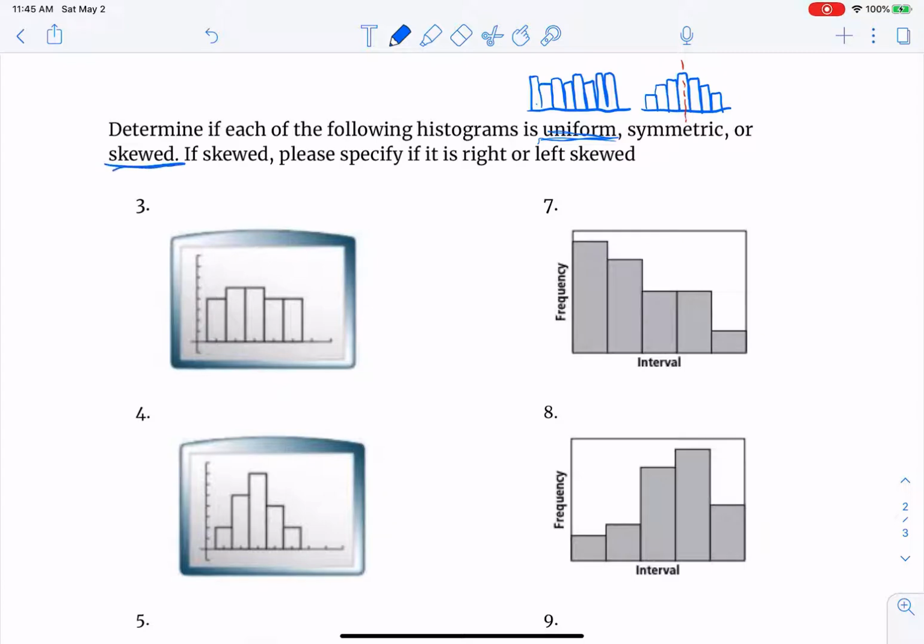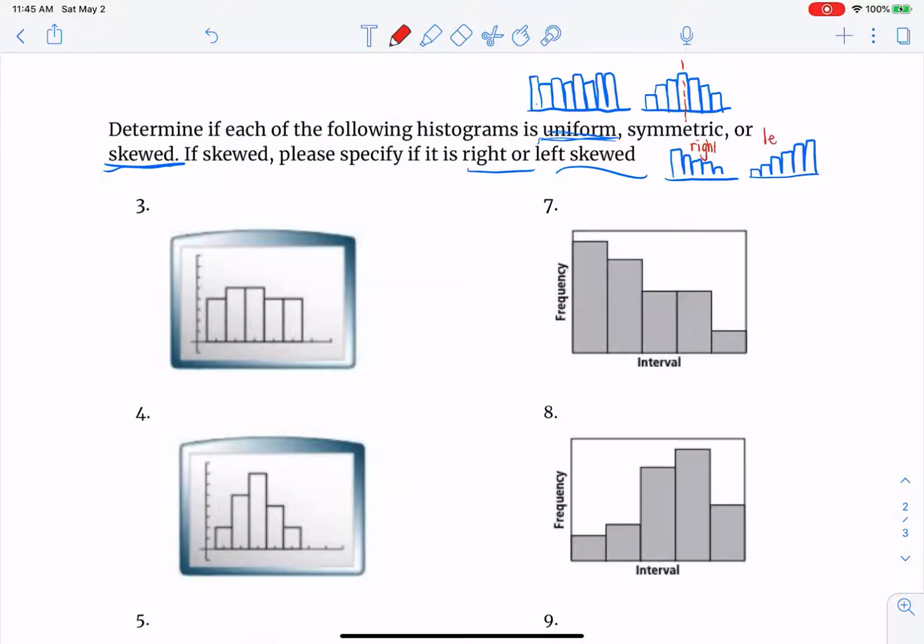And then skewed, you can have right skewed or left skewed. And that happens when you have something like this, or like this. So you look at the first one I just drew and you might think, oh, that's left skewed because you see most of the data points on the left, but it's actually right skewed.